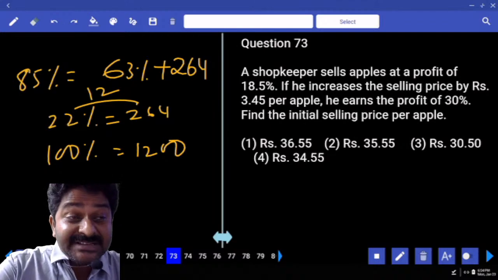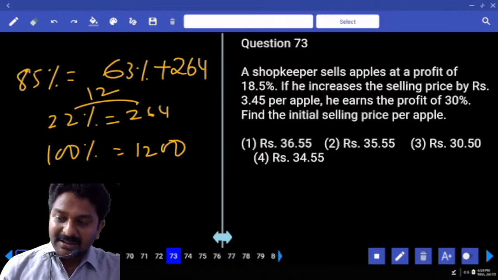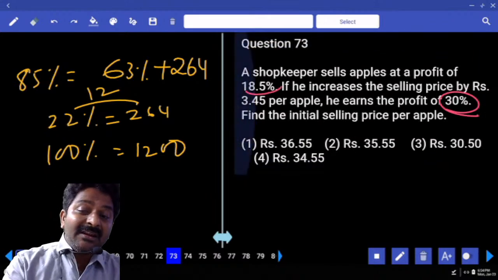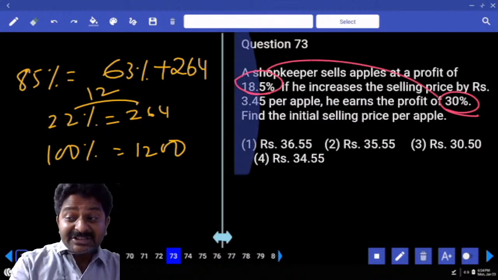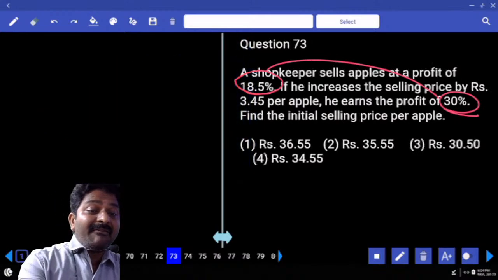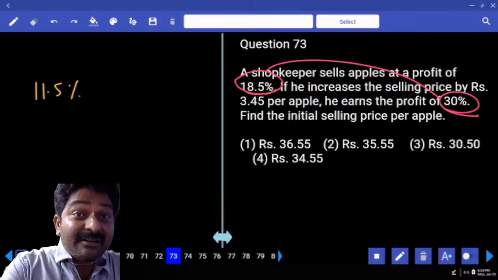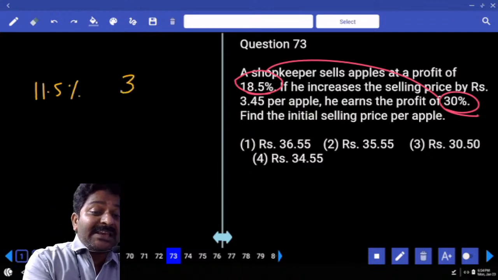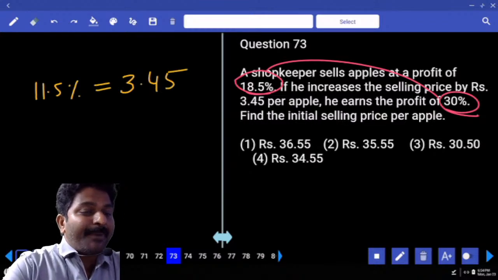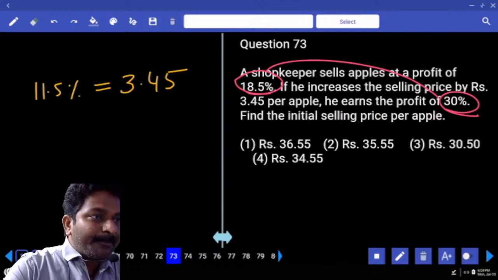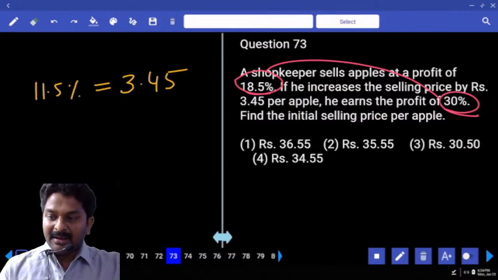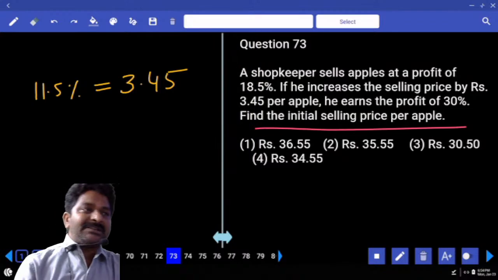But now how much profit is he getting? 30%. There is an 11.5% profit difference, because he increased the selling price by 3.45. So can I say 11.5% is equal to 3.45? Then find the initial selling price per apple.